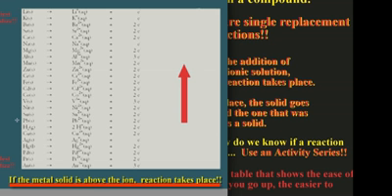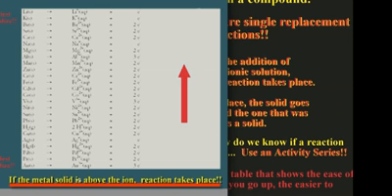What does it mean? Well, if our solid is way up here and our cation that's in the solution is down here somewhere, then yes, the reaction will take place. Again, if the metal is above the ion, the reaction takes place.